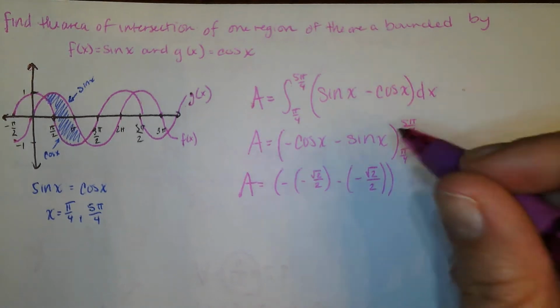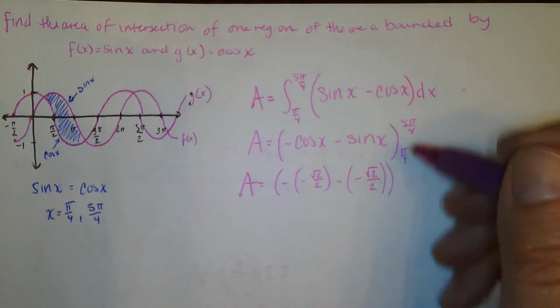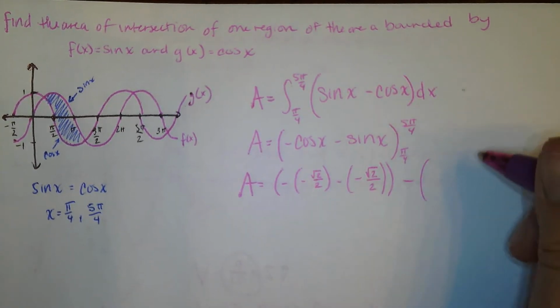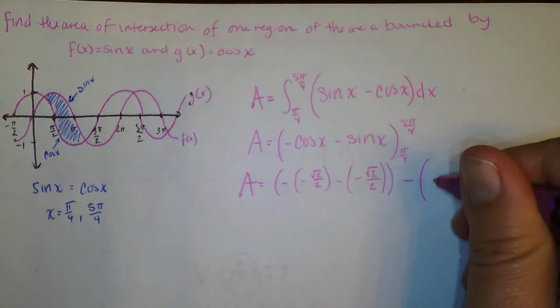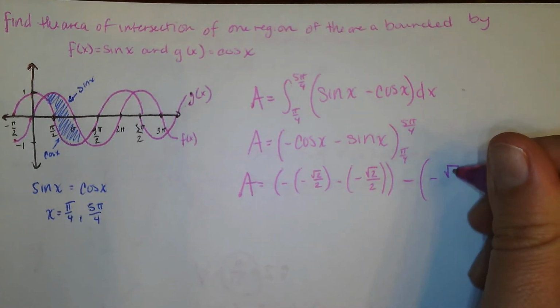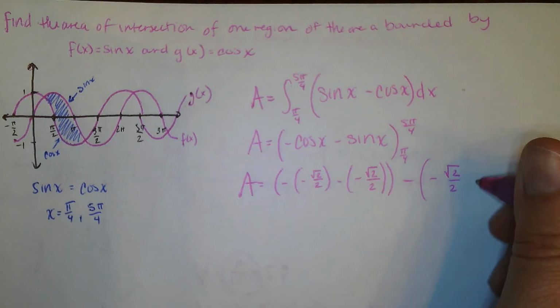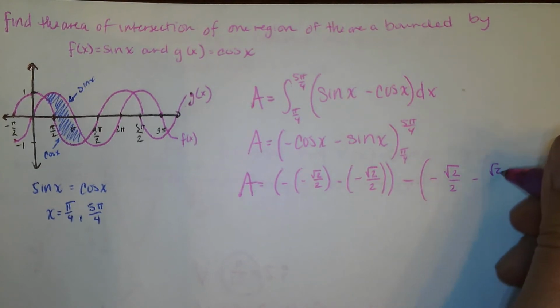Oops, that was pi over 4. Oh no, that was 5 pi over 4. We're good. Minus, when we plug in pi over 4, negative square root 2 over 2 minus square root 2 over 2.